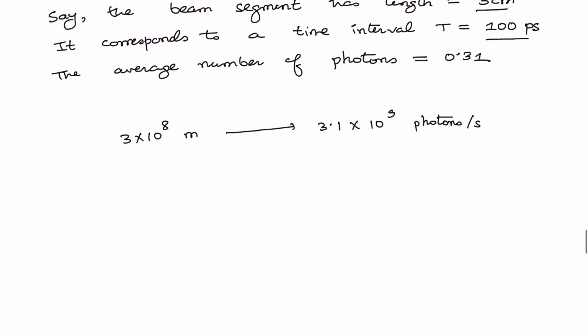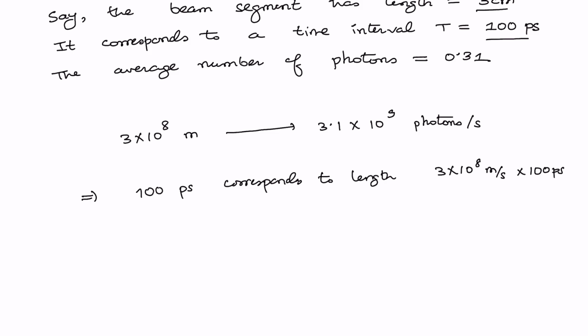So 100 picosecond corresponds to length 3 into 10 to the power 8 meter per second into 100 picosecond, and you know picosecond is 10 to the power minus 12.